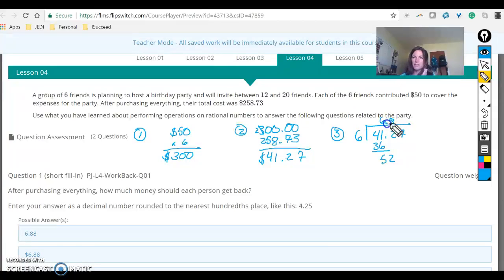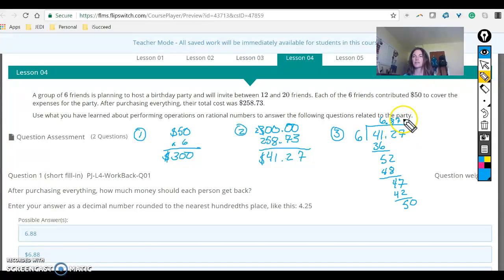So write that there, and I know I've got that decimal there. 8 times 6 is 48. 52 minus 48 is 4. Okay, and I'm bringing my 7 down. It doesn't go into 47, but it does go into 42, so this is 7 times 6 is 42.